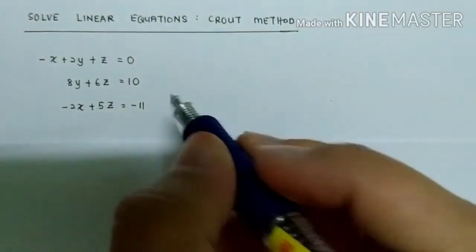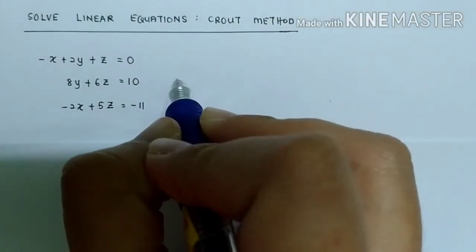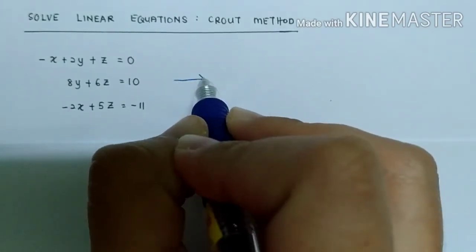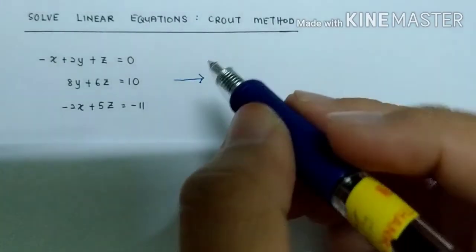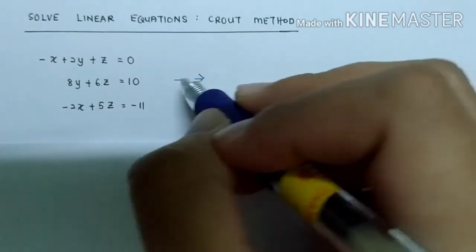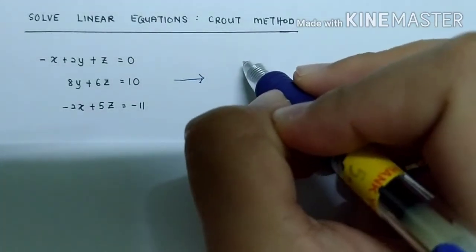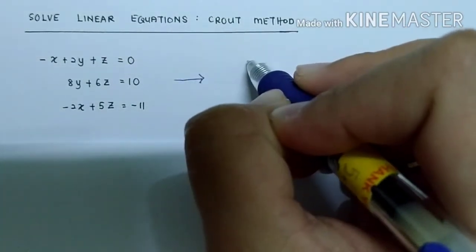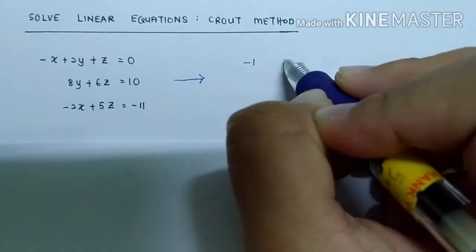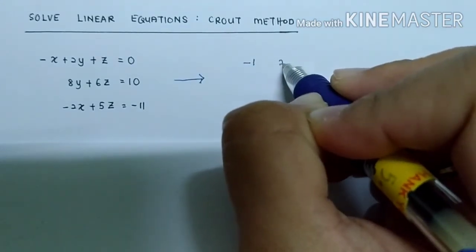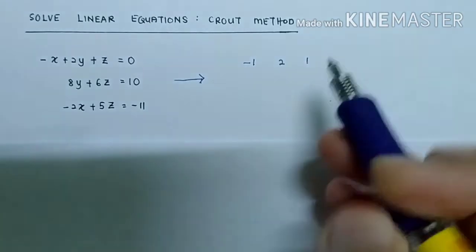So we have these linear equations, and we convert them to matrix form. So for matrix A we have -1, 2 and 1.